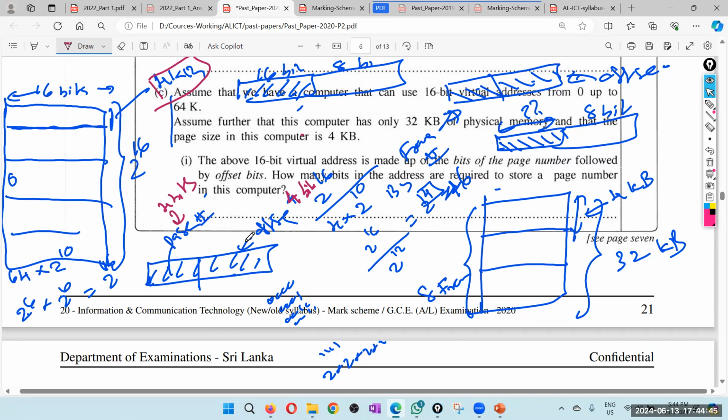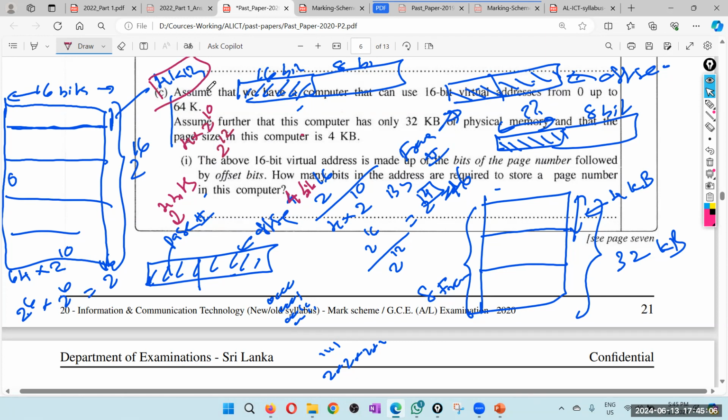And now, of course, we can calculate the offset as well. How many bits do we need for the offset? Each page has 4 kilobyte of data. So 4 kilobyte means 4 into 2 to the power 10 bytes of data, that is 2 to the power 12 bytes.